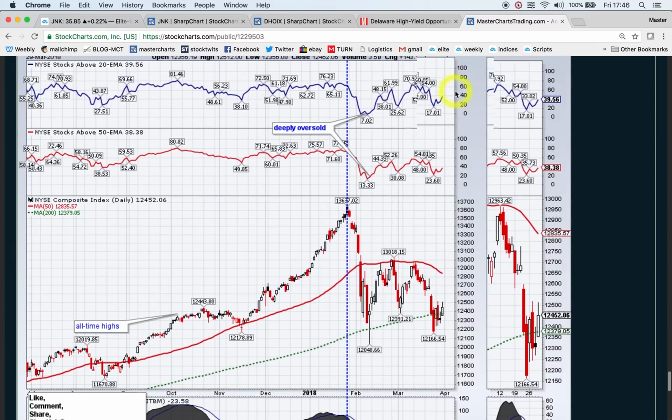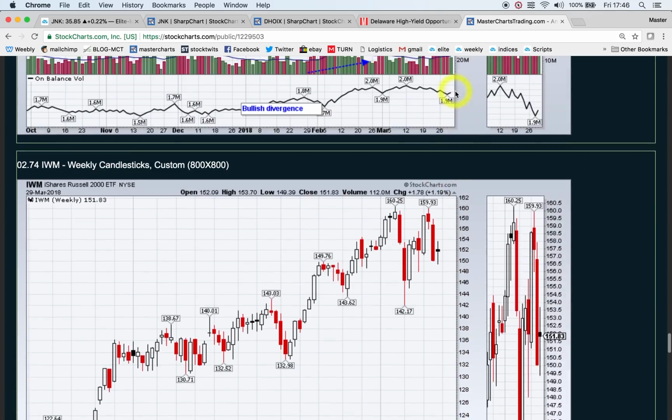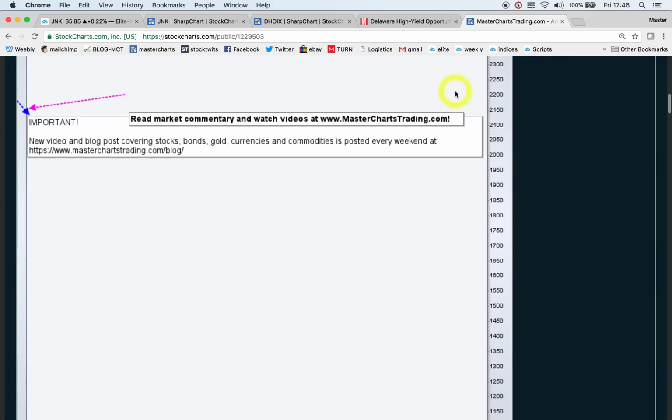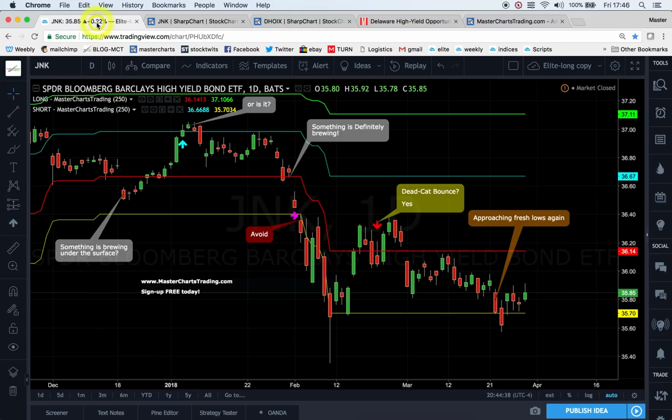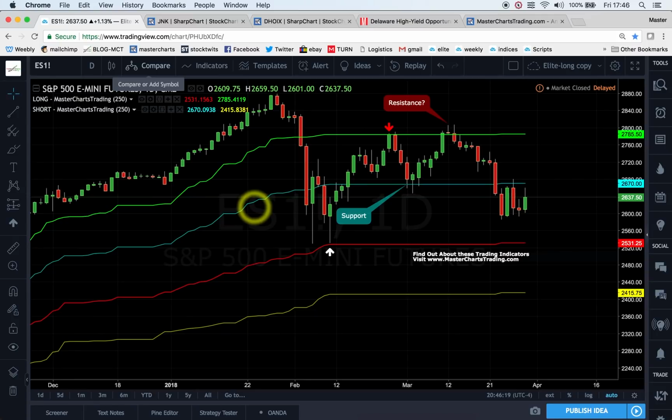So I'm already looking to enter on the long side, and in fact I have several positions open on the long side. So once again, overall I think stocks are still in a bull market. Some pockets of weakness do appear, and we'll get to them in a little while, but overall I think stocks are still bullish.